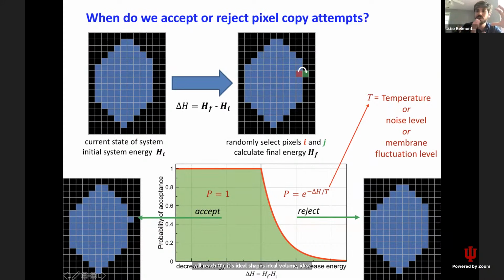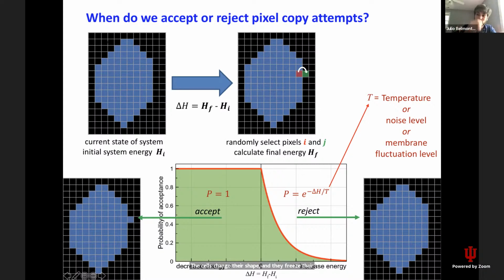Once the cell does that, any other pixel copy that you try will be rejected, and then the cell will freeze in your simulation. So if you just accept the pixel copies that minimize the energy, after 3 or 5 Monte Carlo steps, your system is dead. The cells change their shape and they freeze in their current shape.